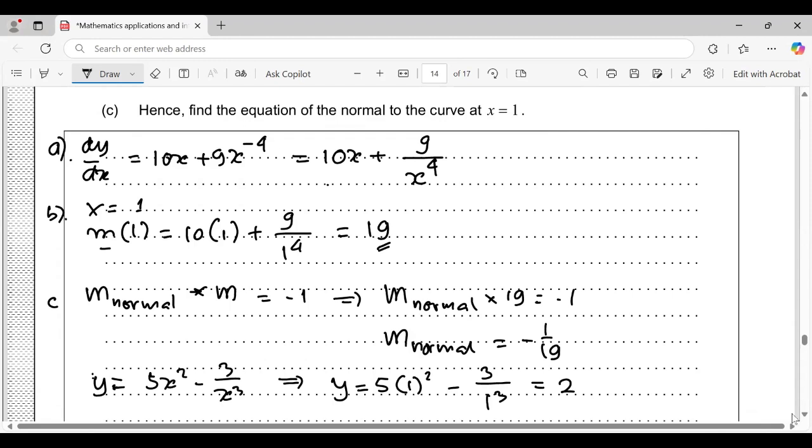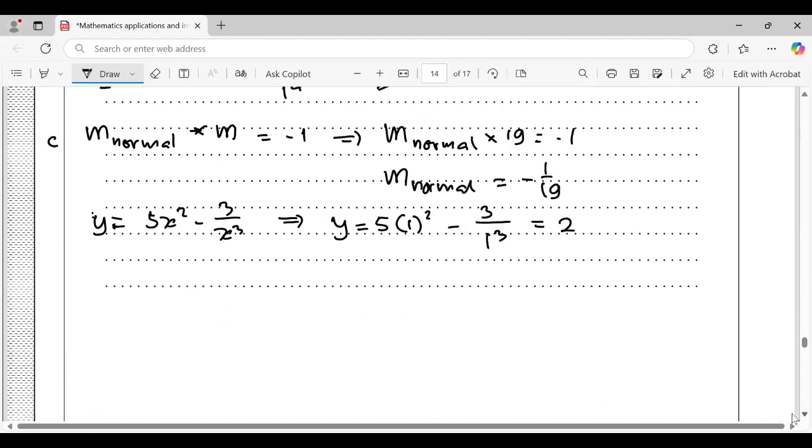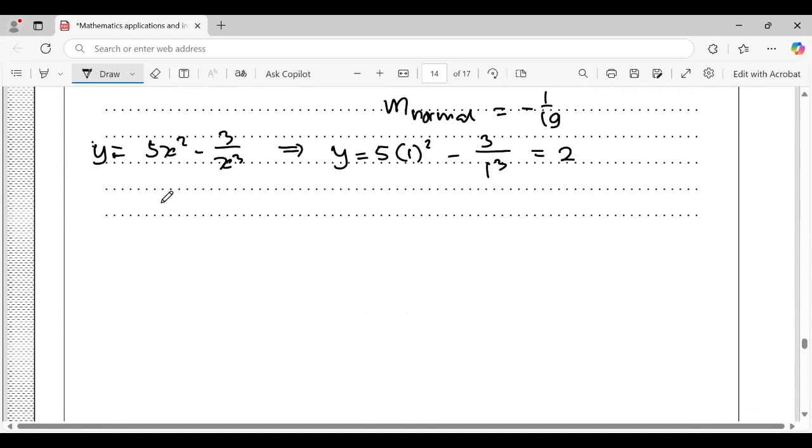So the coordinate point on this curve is (1, 2).